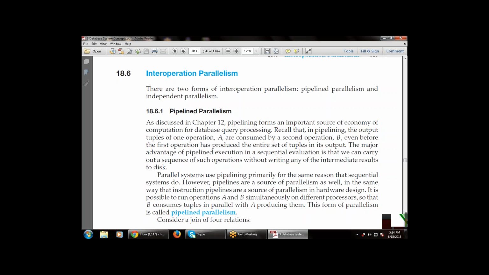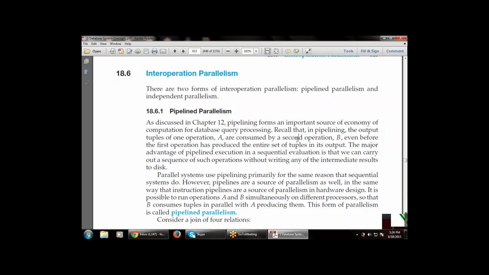The major advantage of parallel execution over sequential evaluation is that we can carry out a sequence of such operations without writing any of the intermediate results out to the disk. So there is no need to write the intermediate result to the disk. Parallel systems use pipelining primarily for the same reasons that sequential systems do.